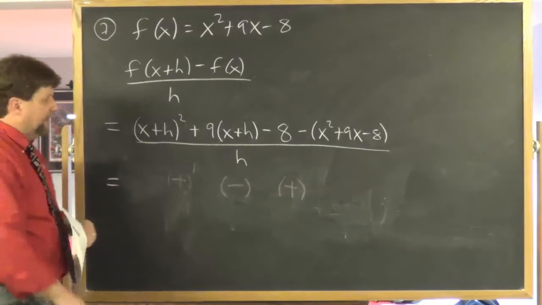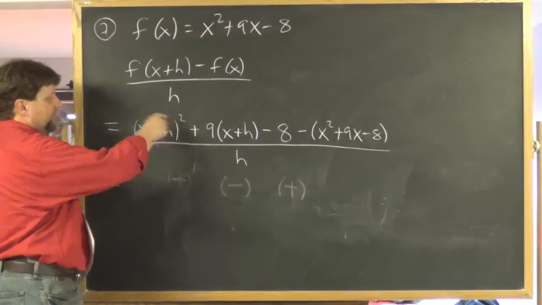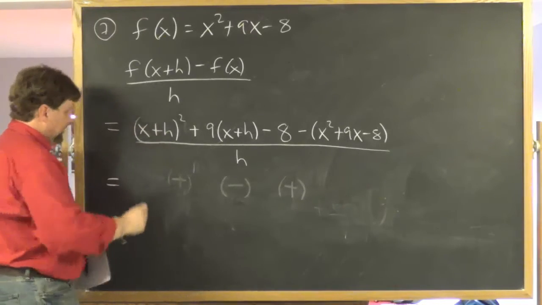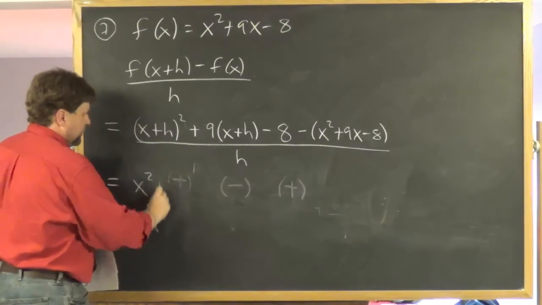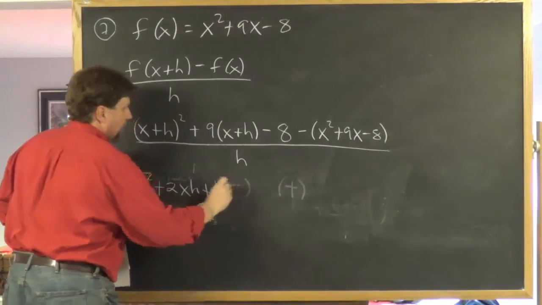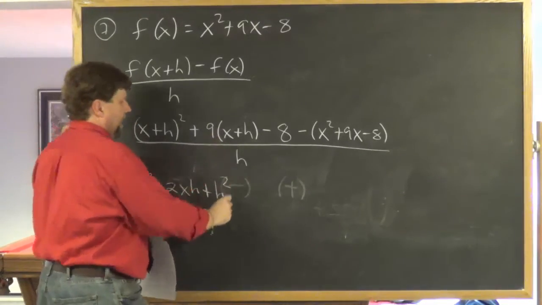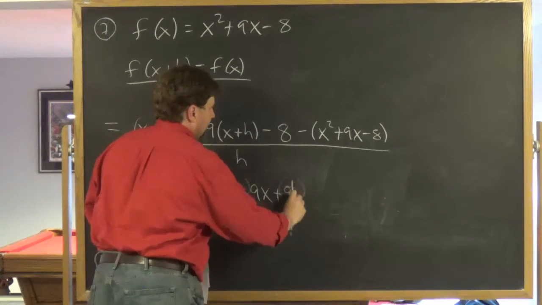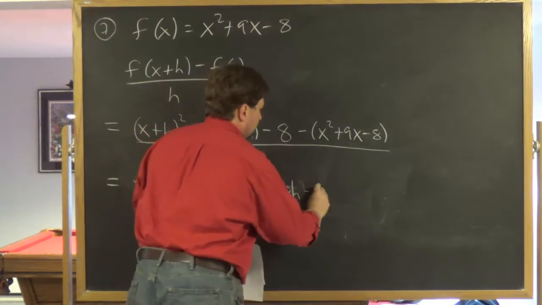To simplify, we clean up by taking x plus h and squaring it. So x plus h times x plus h will give me x squared plus 2xh plus h squared. Distribute the 9 here, so you get 9x plus 9h, then minus 8.